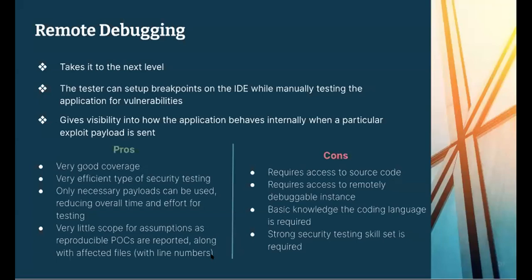I mean, prod obviously you will not be given as a remote debuggable instance, but a lower environment like testing or some of those environments can be given to you. Obviously, the other bit is that you should have security testing as well as basic knowledge of coding. Without that, it will be impossible for you to do anything.